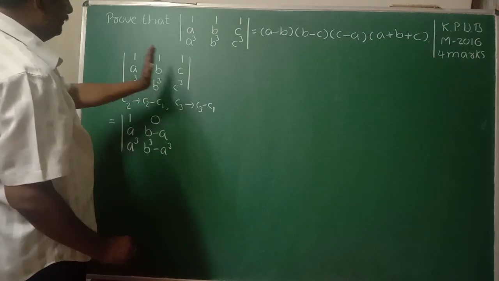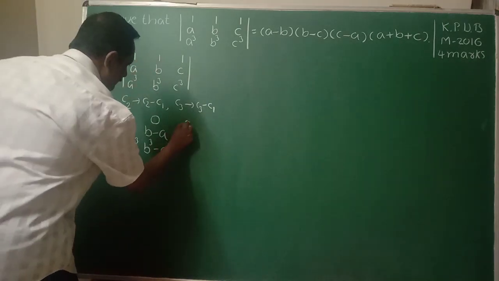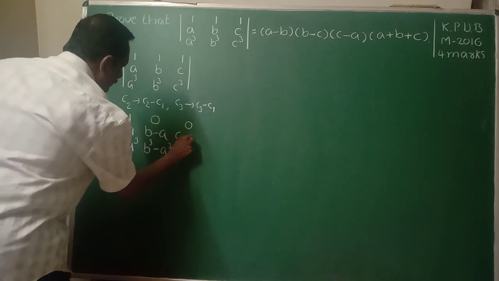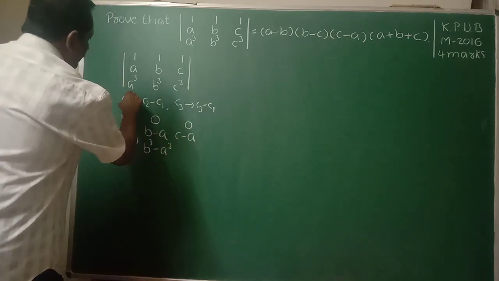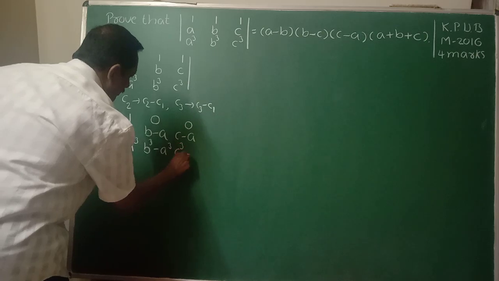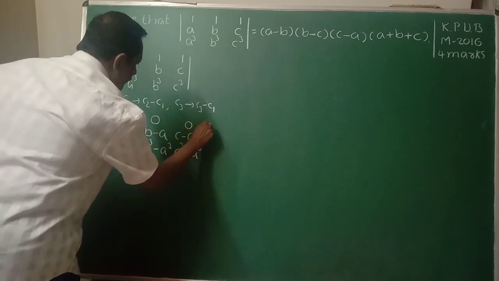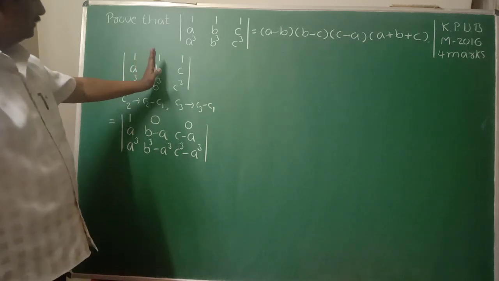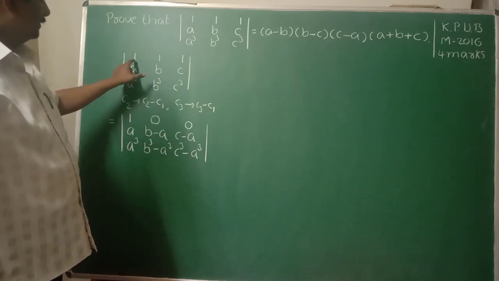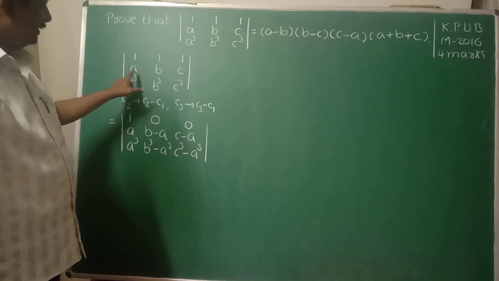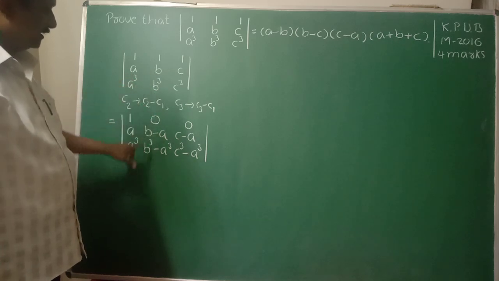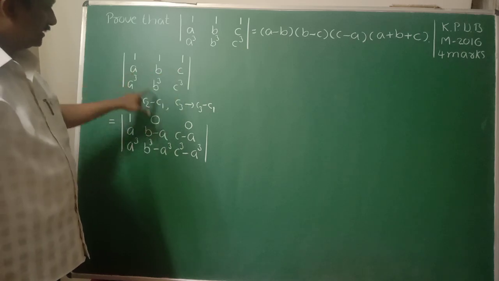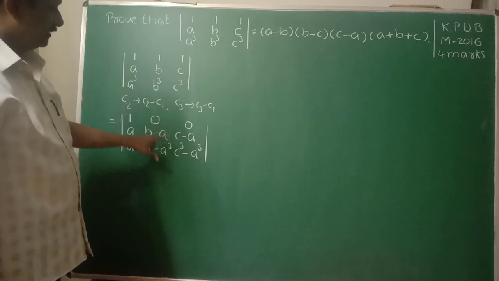Again C3 minus C1: 1 minus 1 becomes 0, then c minus a, then c cube minus a cube. So second column minus first column: 1 minus 1 is 0, then b minus a, then b cube minus a cube. Again 1 minus 1 is 0, then c minus a, then c cube minus a cube.